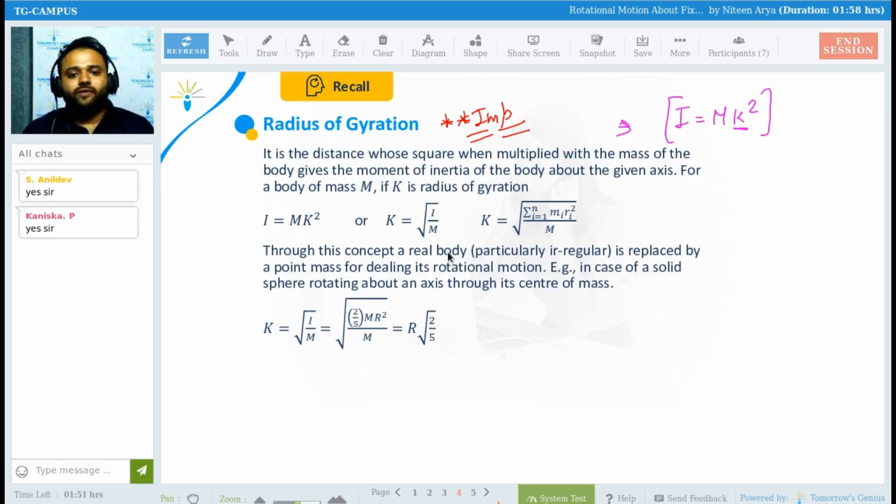We are going to compare and find the radius of gyration for different objects, starting with the simplest, the solid disk.